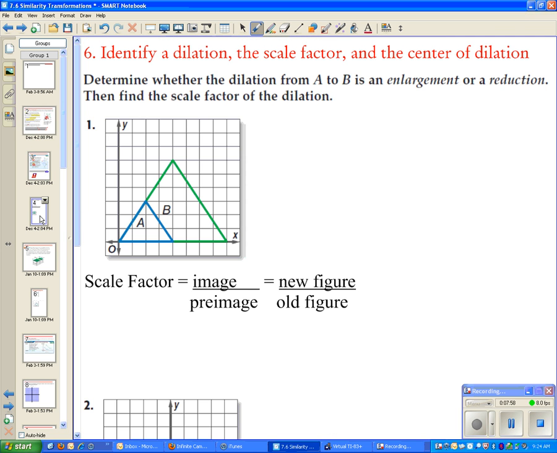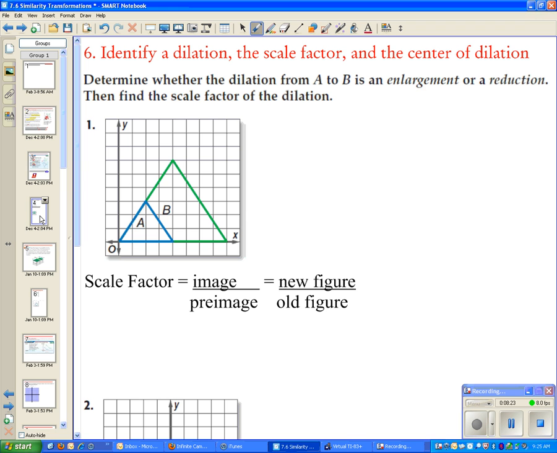Okay. What say we do a few problems from your assignment? So turn to page 508. And we'll start with number 1.